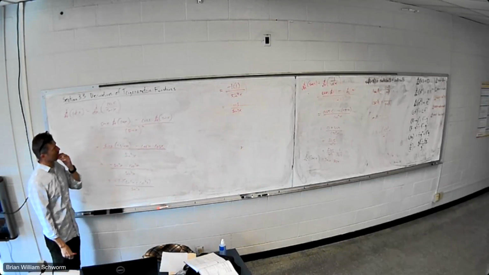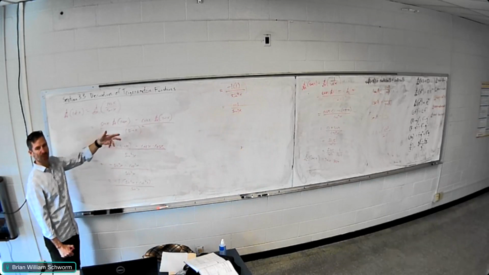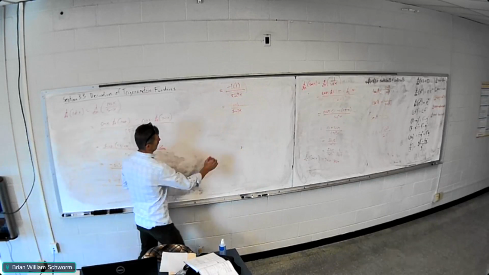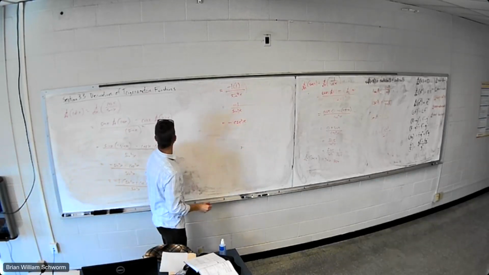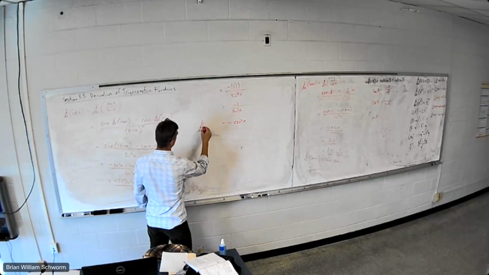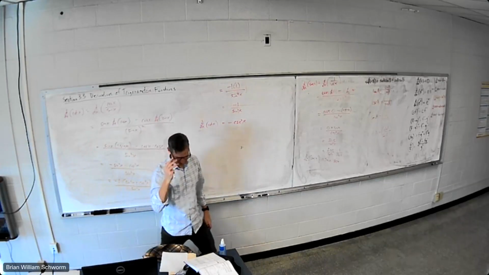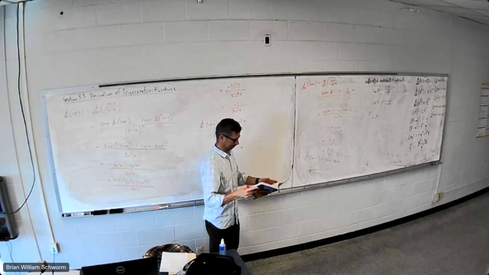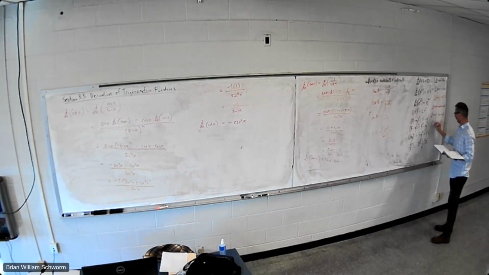Basically, I'm done, but the way it's often written is by using the fact that cosecant is the reciprocal of sine. So this can be rewritten as negative cosecant squared. So the derivative of cotangent is negative cosecant squared. That's the last one.